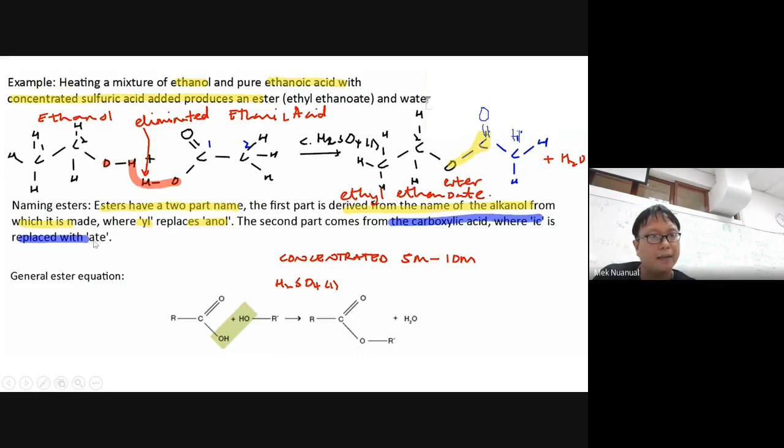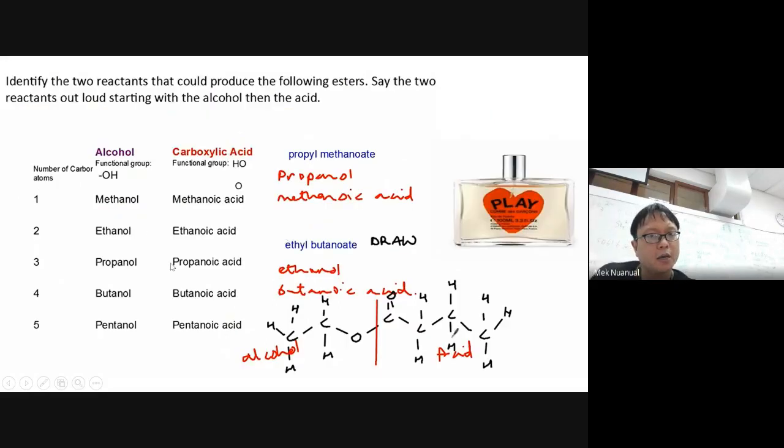So that's the -oate part of that ester name. If I do methanol and methanoic, it becomes methyl, and then take out -oic acid, and it becomes -oate. Same thing here, ethanol with ethanoic becomes ethyl ethanoate.